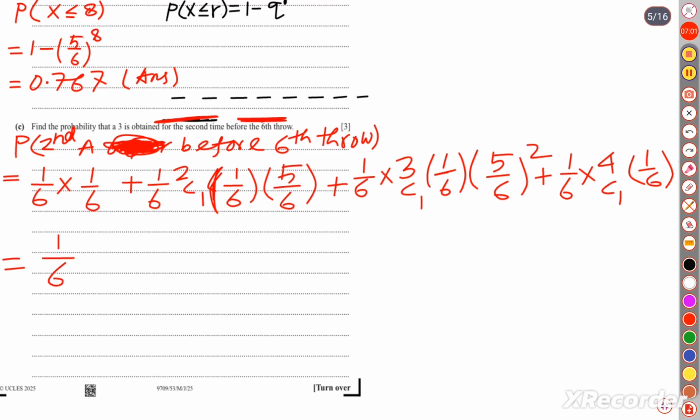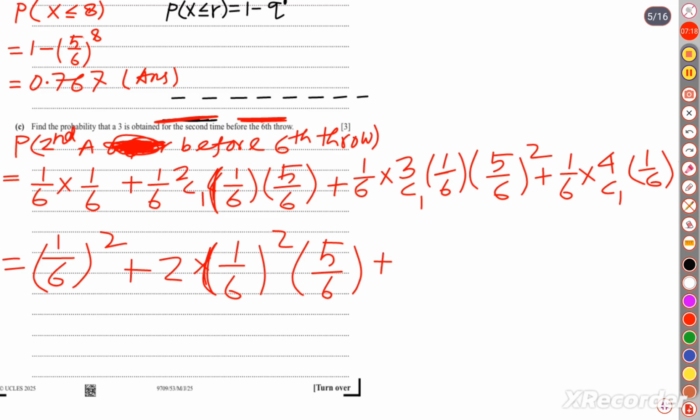1 over 6 squared plus, here 2 choose 1 is 2. So 2 into 1 over 6, 1 over 6 two times. Actually in every case there were two A's, so successes were two times. And 5 over 6, 5 over 6 was once. And again 3 choose 1 is 2.